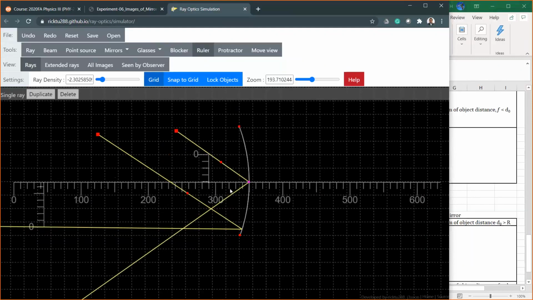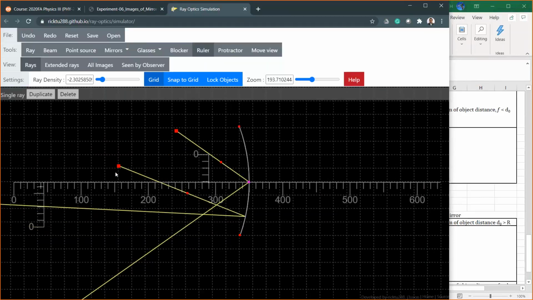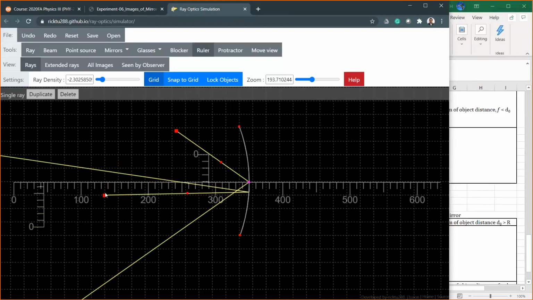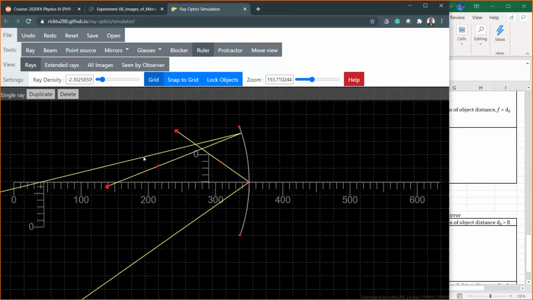Now I need one more ray. To do that ray, I can't do it this way. You can see now it is impossible to make another ray passing through the focal point or anything, right? But I can make another ray which may be passing through the center of curvature location. Let's do that ray.